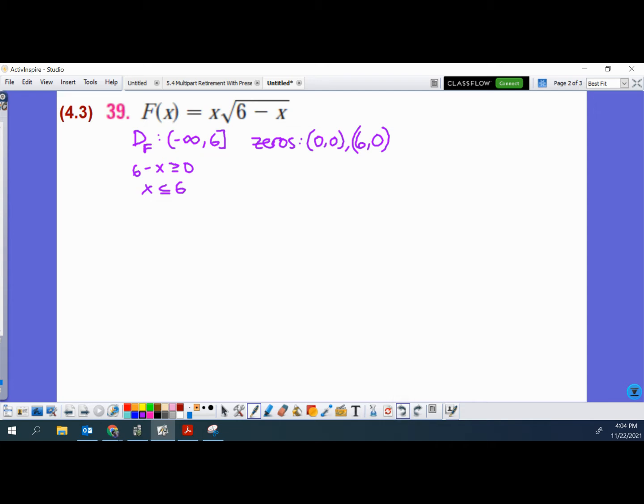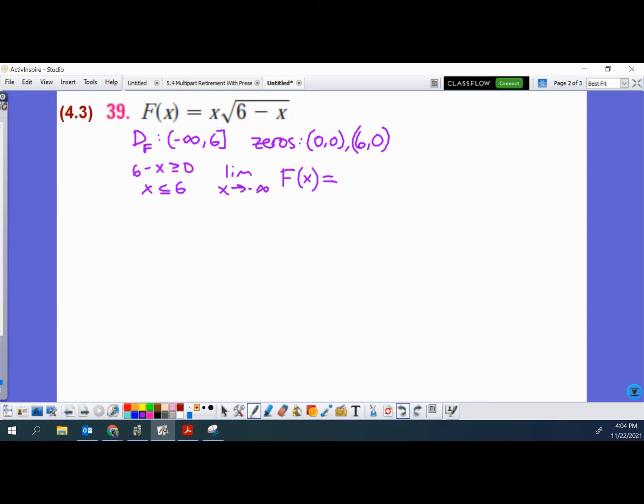On the left end, I could do a limit as x approaches negative infinity. And again, this wasn't requested by the problem, but doing it tells you what the graph's going to do over there. As I do that, I'm looking at a negative infinity times, this becomes like positive infinity, square root of positive infinity.